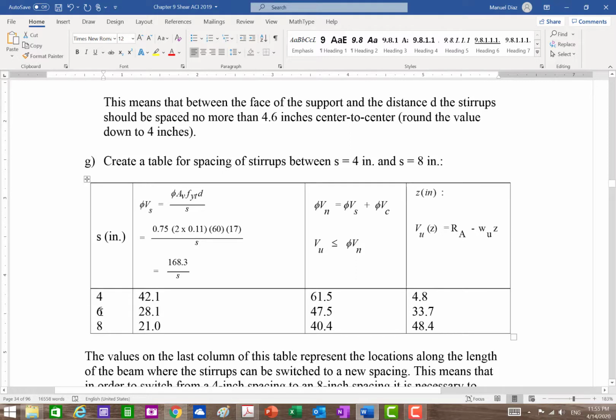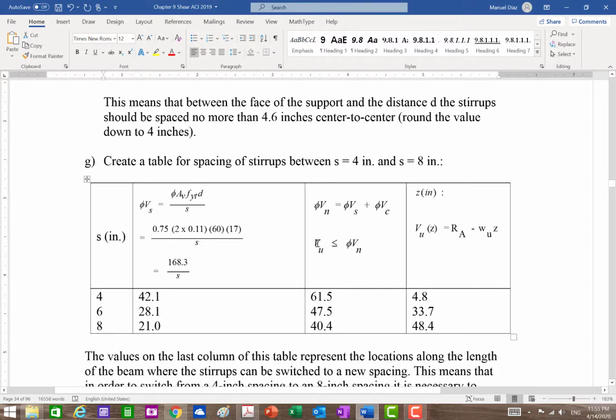I can change to 6 the moment I can have at least 47.5. I can change to 8 when the shear equals 40.4.